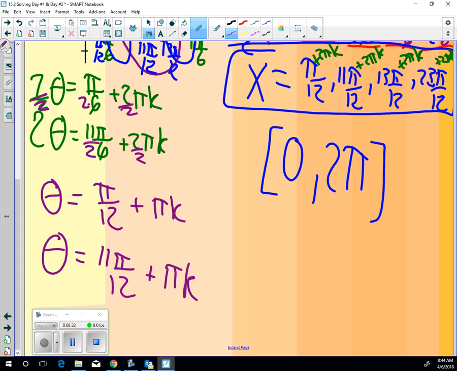Now, pi in terms of twelfths would be 12 pi over 12, right? That's pi. So what's 12 pi over 12 plus pi over 12? 13 pi over 12. What is 12 pi over 12 plus 11 pi over 12? 23 pi over 12.